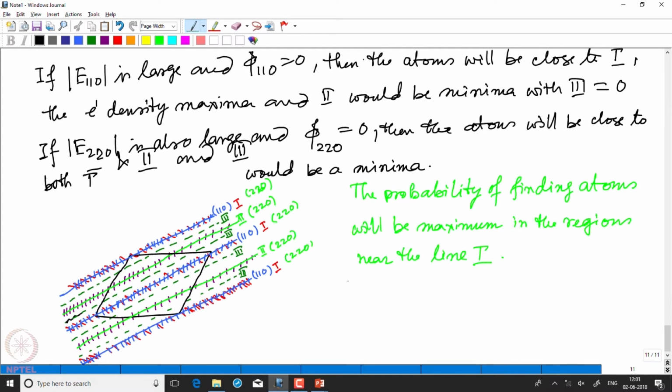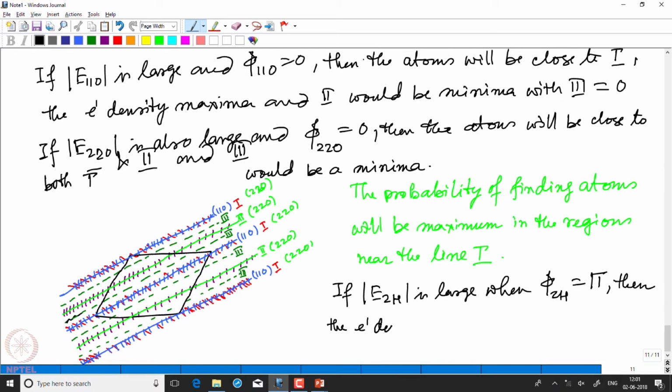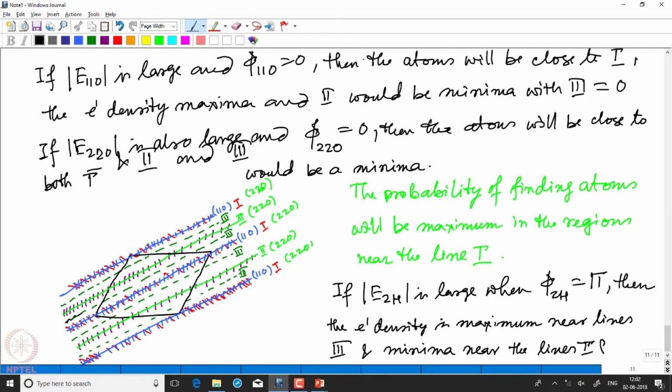If a different situation arises, so if E2H is large when phi 2H is 0, phi 2H is pi, then the electron density is maximum near the lines marked as 3 and minima near the lines 1 and 2.